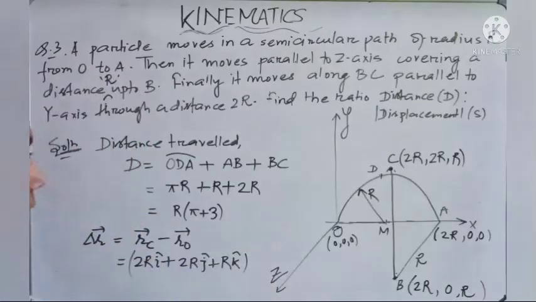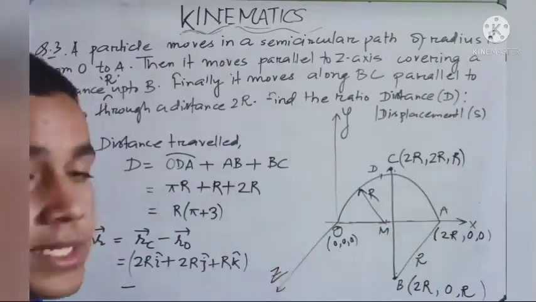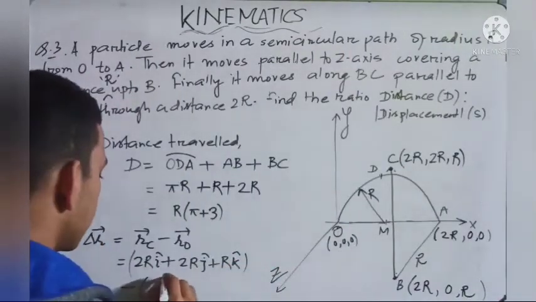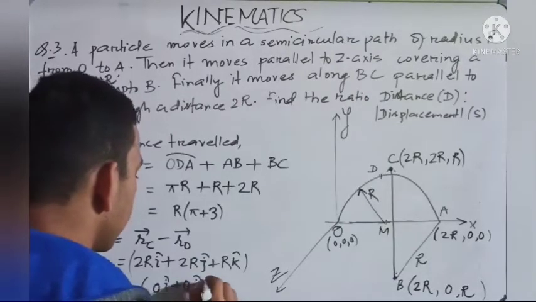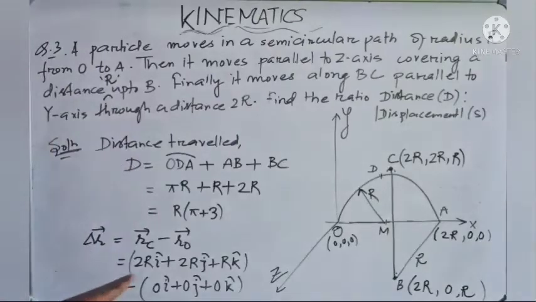This is the final position vector when the particle is at point C, minus initial position vector, which will be 0 i cap plus 0 j cap plus 0 k cap. Therefore, we are getting delta r vector as 2r i cap plus 2r j cap plus r k cap. We can rub this quantity.